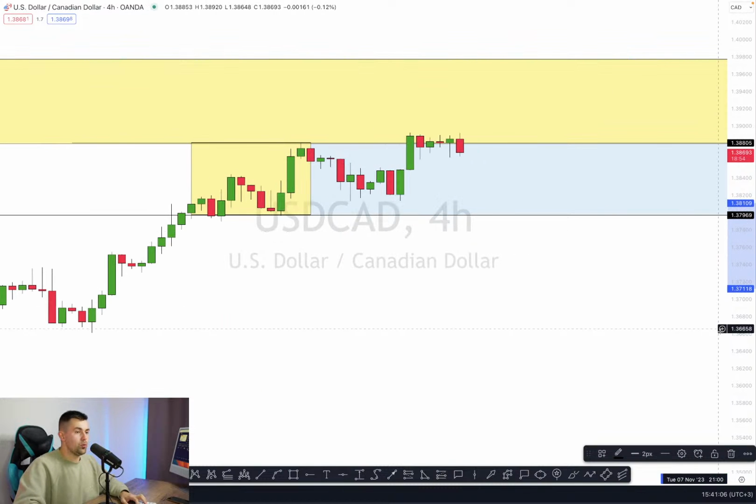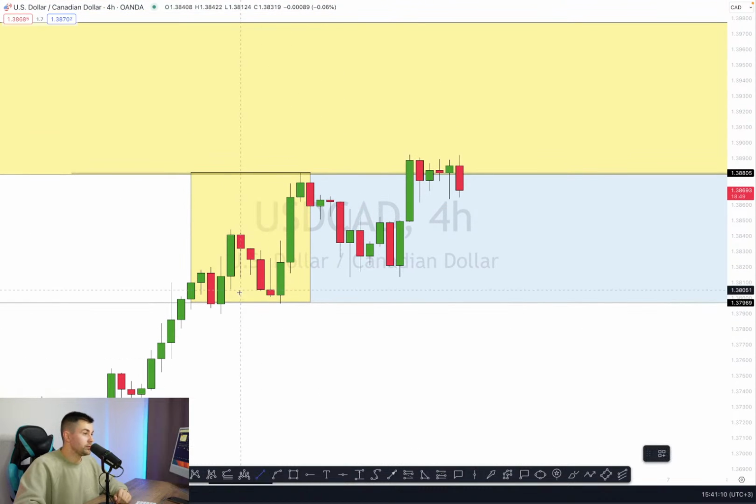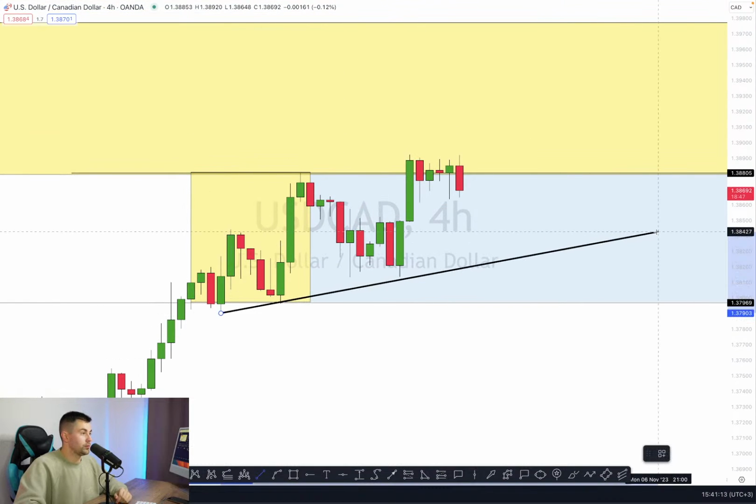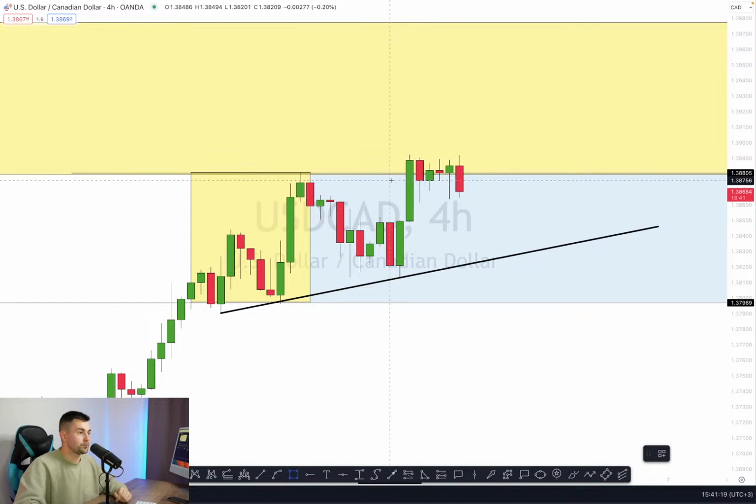Also, if we check a 4-hour time frame, take a look what can we spot here. On the 4-hour time frame, we have this strong rising trend line, and we also can spot right here a very cute double top formation.